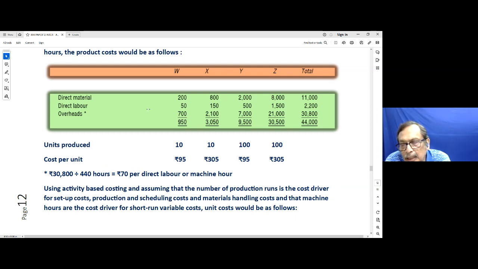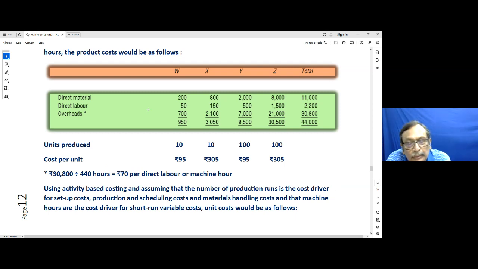So total 30,800 of overheads are allocated. Finally, we get the total cost taking into consideration material cost, labor cost and overhead. It comes to 950 for W, 3,050 for X, 9,500 for Y, and 30,500 for Z, and the total is 44,000.